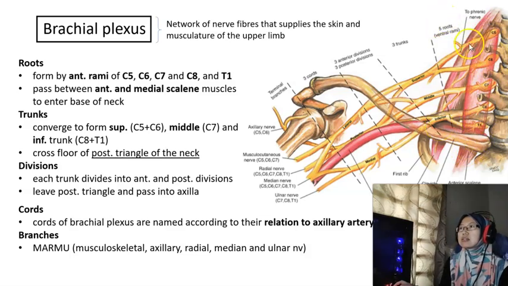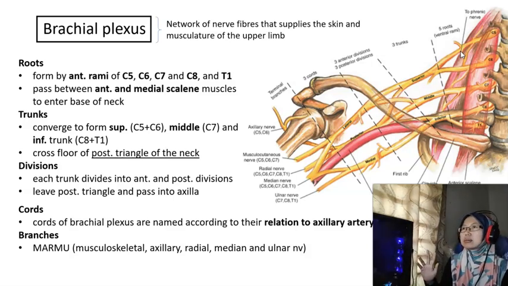Okay, it has 5 parts, which are roots, trunks, division, cords, and branches. Okay, Randy Travis drink cold beer. Okay, root, trunk, drink division, cold cord, beer branches.